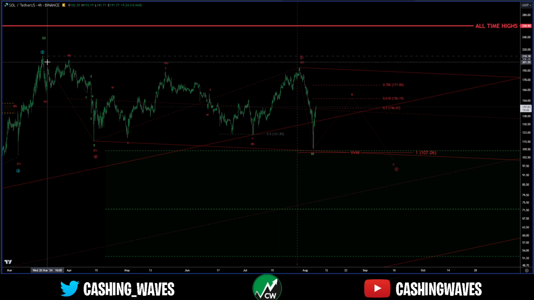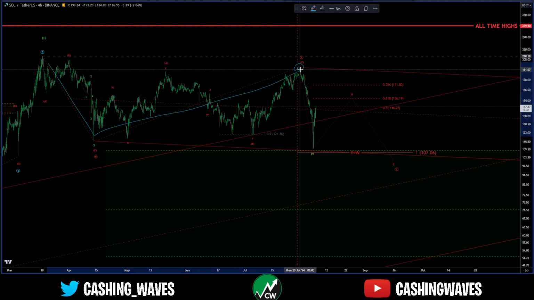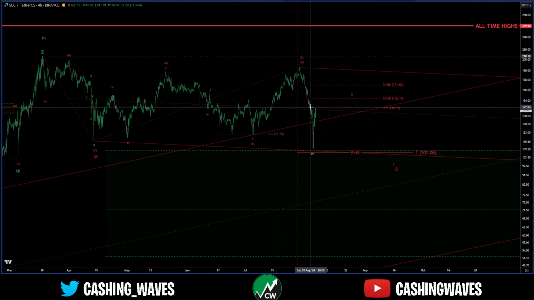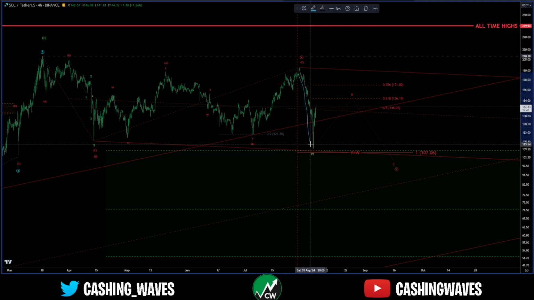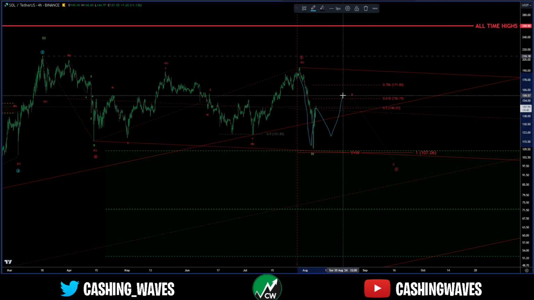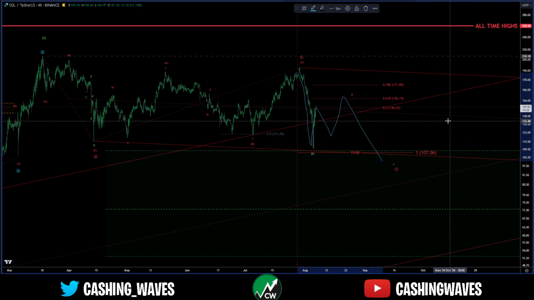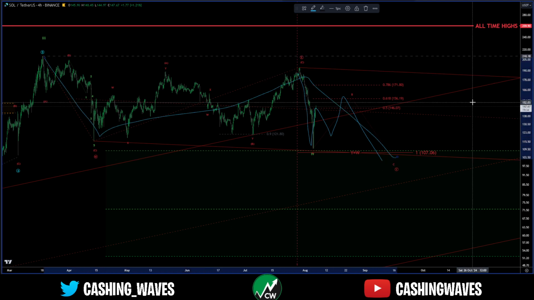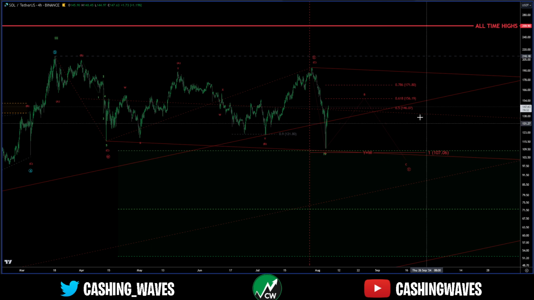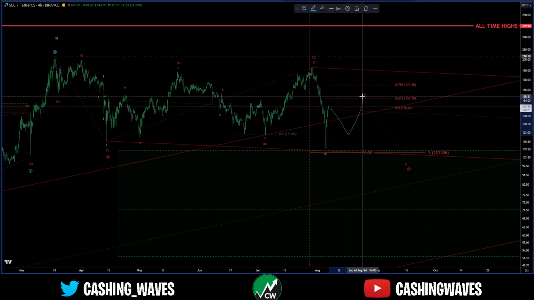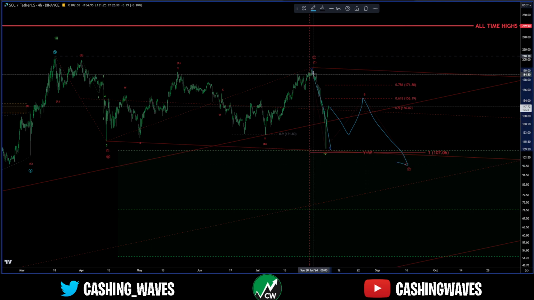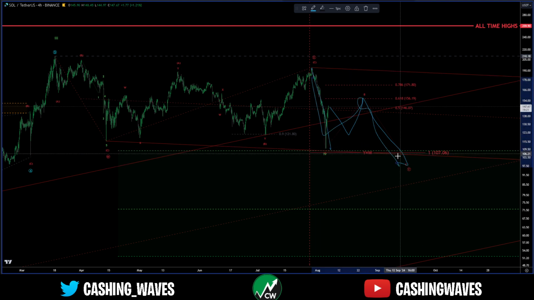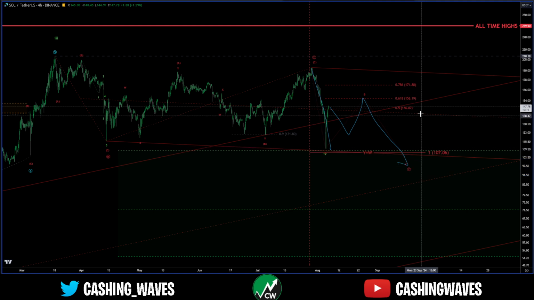So I'd put our W here, X here, different labeling, and we'd be looking for an A, B, C, so another 3-wave move to get our partner leg, ABC. This would make a WXY. So if we fail right here at the 618, look for a 1-to-1 extension of this A wave off this B wave for the C wave to complete the Y wave.